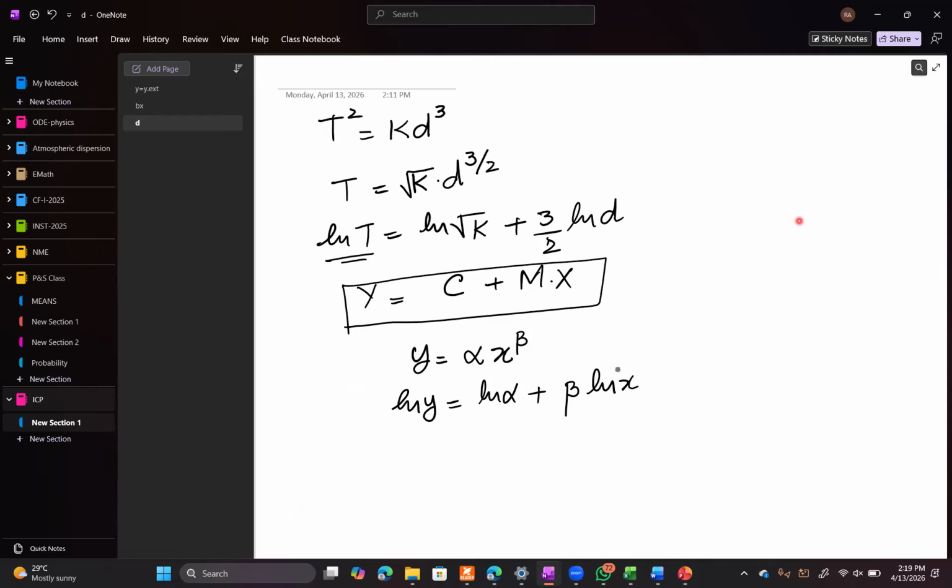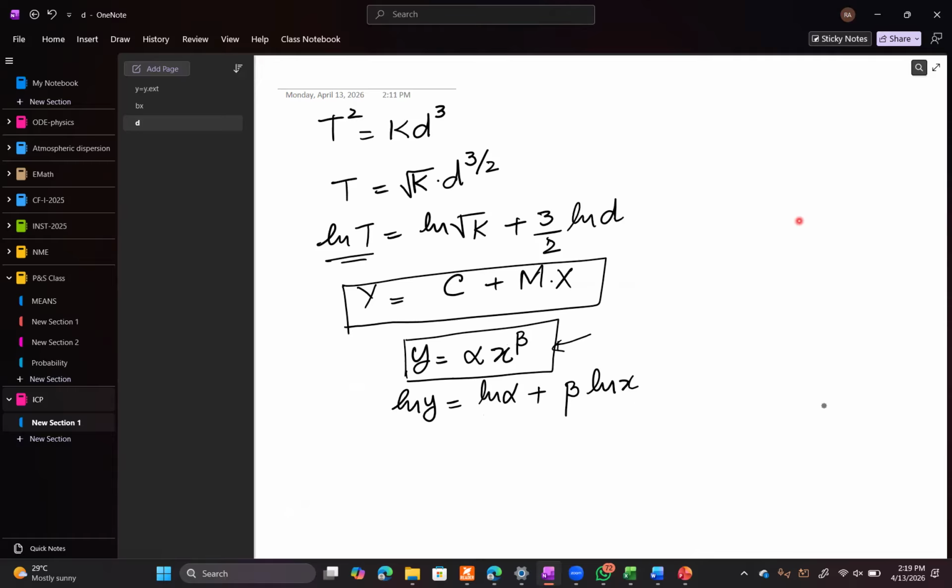To discover the relationship, you have to refer to the equation, right? This power relationship contains two constants, alpha and beta, right? To get the values of alpha and beta, you have to generate two distinct equations by using two distinct points, and then solve these equations to generate the values of alpha and beta.